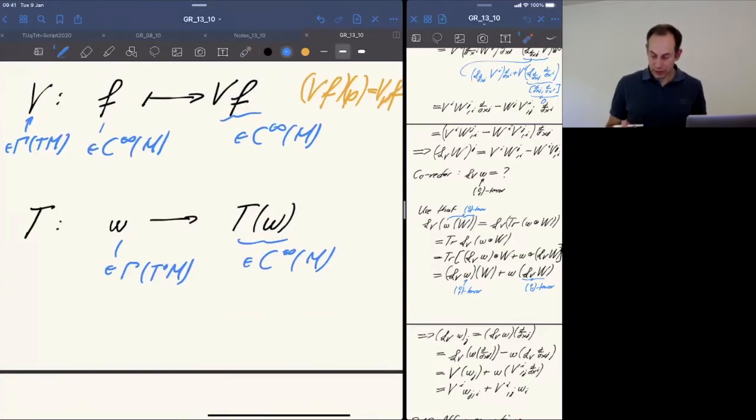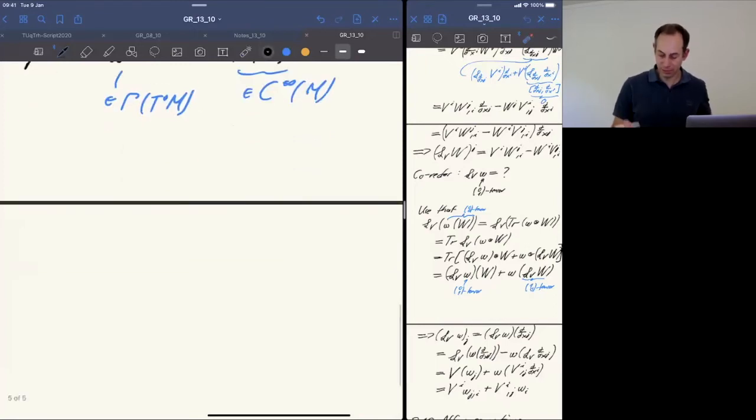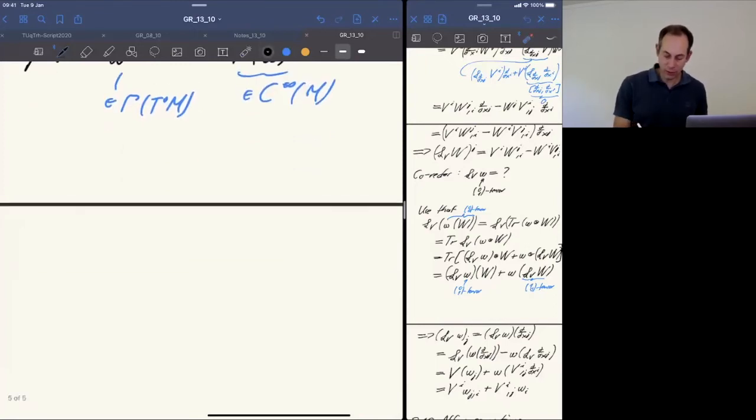Now, maybe I should briefly go back to the reason why already for a point a 1-0 tensor is actually a vector, because that's not immediate. So let me briefly look at that. If I look at the thing at one point, T_p, that's a tensor at one point.